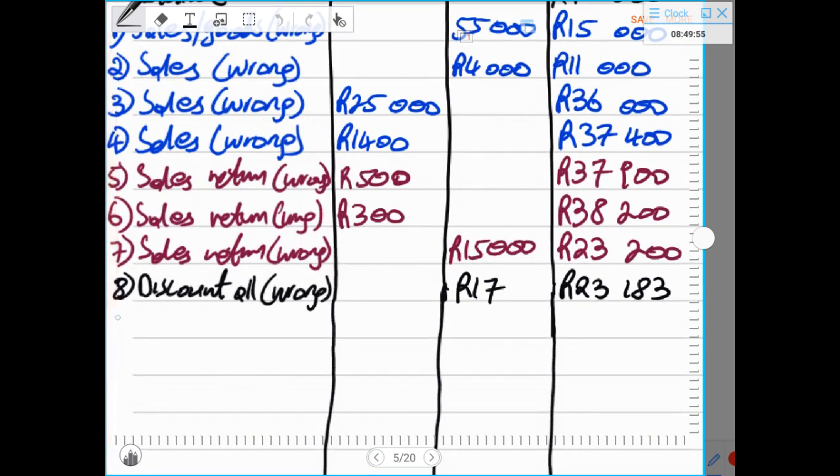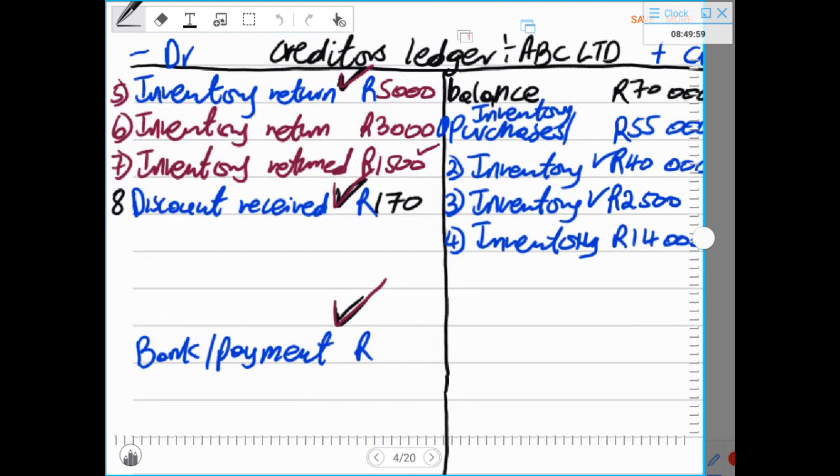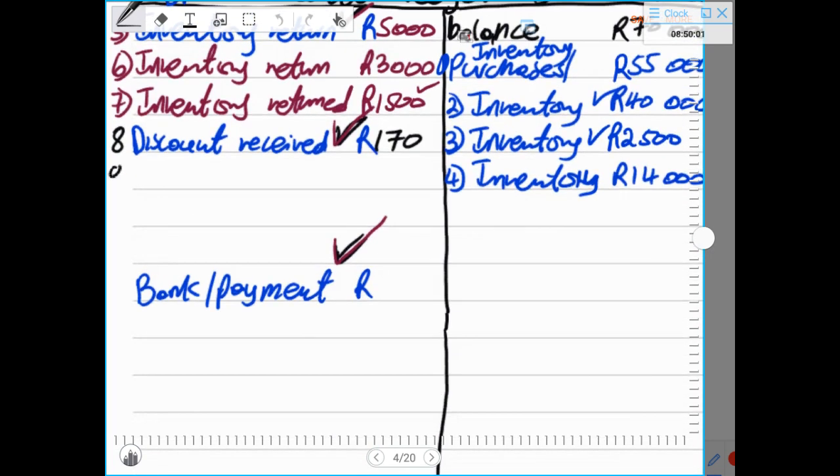So now we go to the 9th day. On the 9th day is another discount. Then we say there was a discount that we received. And this discount was 1,000 rands that we received.